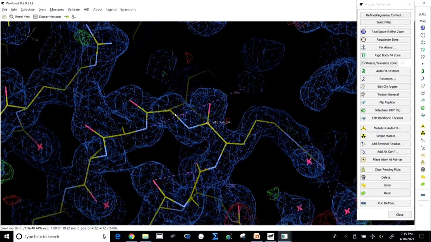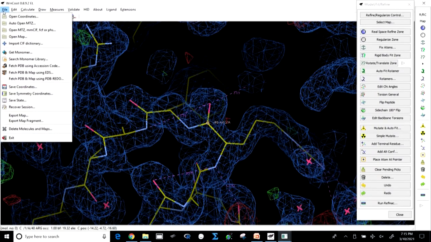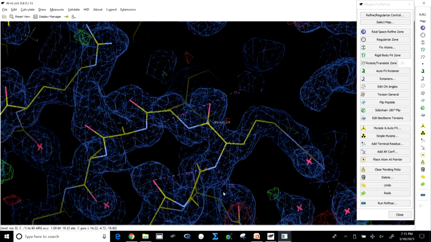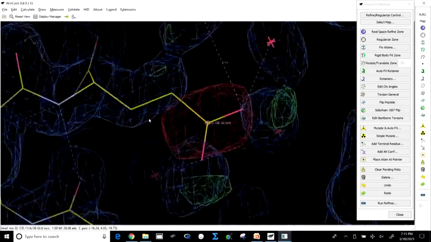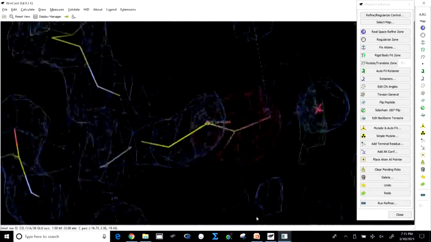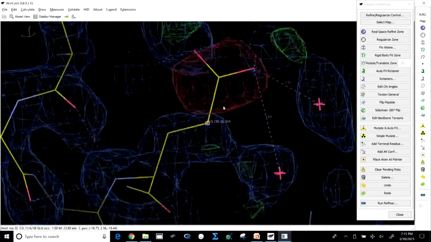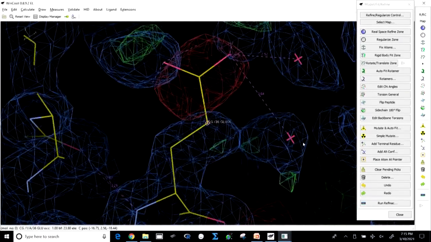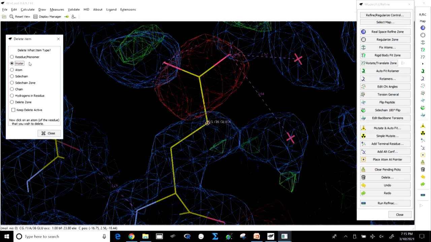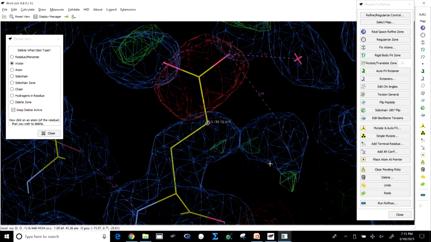Now, I will bring the third molecule. You remember this one is the phenem. Let us also take a look. You see here red density means it should not be there, it should be here. So, if you want to delete water, you delete it. Okay.